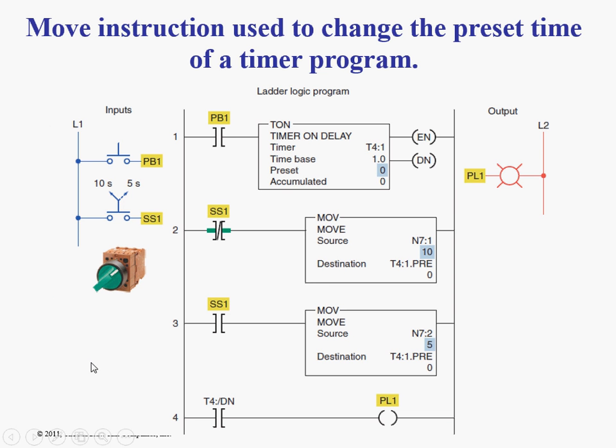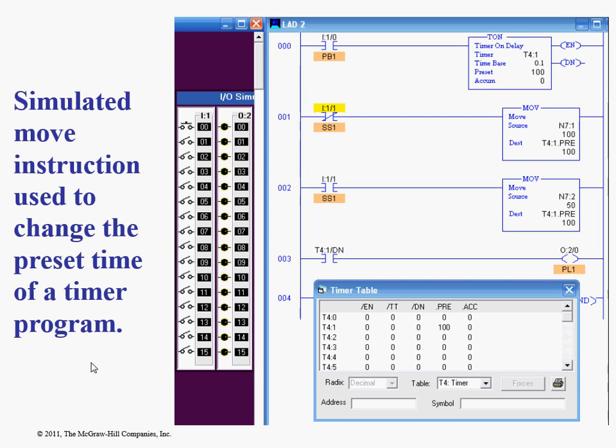We can use them to change the preset of a timer depending on a speed selection. So maybe you have a switch that says, when I'm running product A, I need a 5-second delay. When I'm running product B, I need a 10-second delay. So we can move them into the destination of a timer. Here they're moving it.